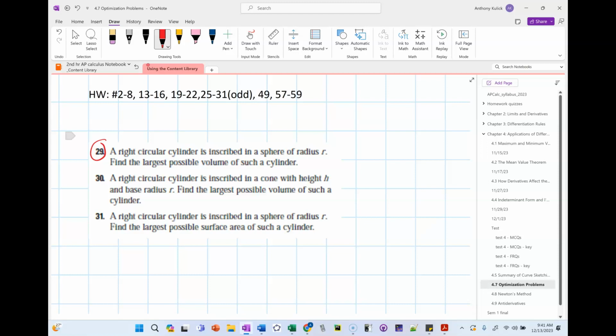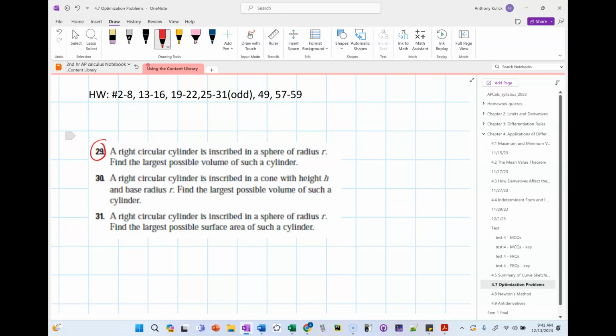It says a right circular cylinder is inscribed in a sphere of radius r. Find the largest possible volume of such a cylinder. So close your eyes and envision what this is going to look like. When we say inscribed, what do we mean? It's contained inside. So you have a sphere with a cylinder inside of it, right?